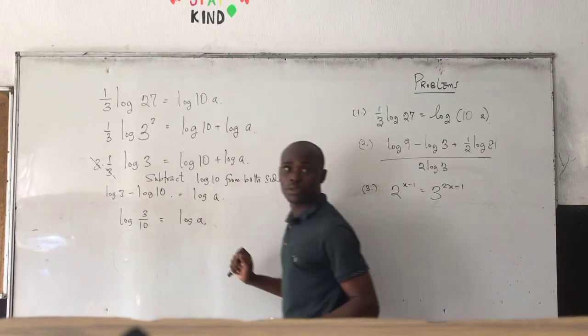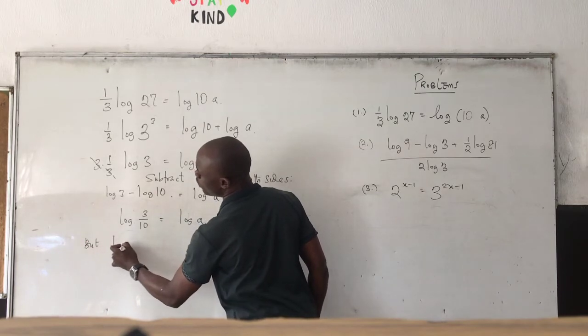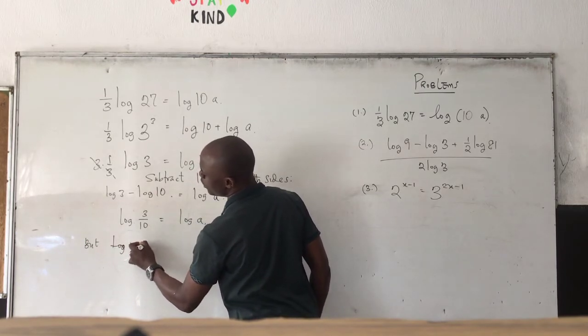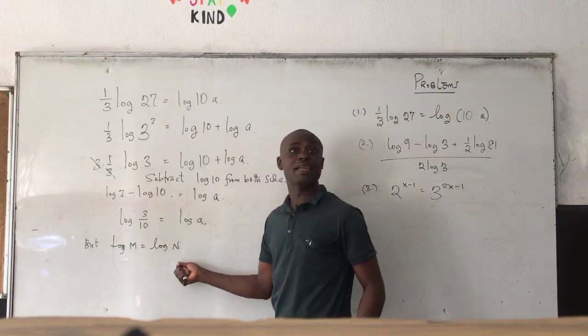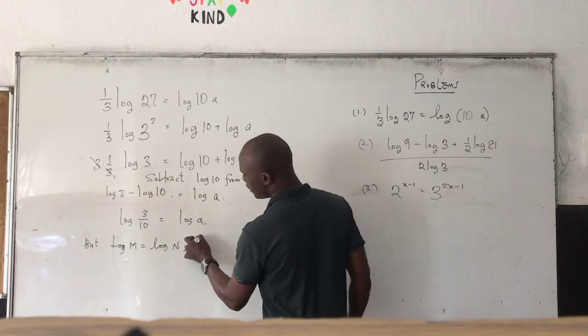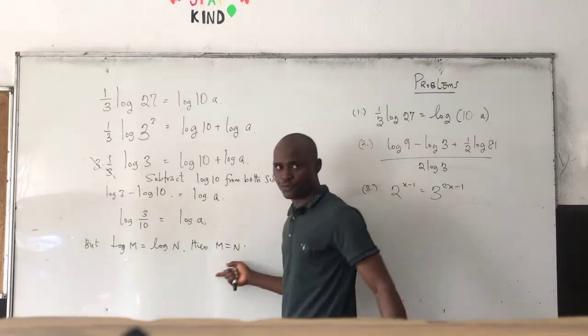And there is a rule that says that if log m is equal to log n, and they have the same base, then m is equal to n. Beautiful principle.